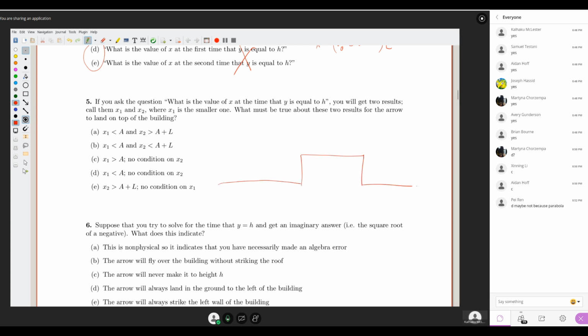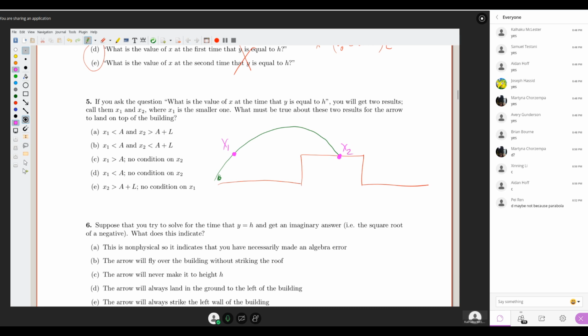So here is the building, and our trajectory for it to land on top of the building is going to look like this. And our two values of x, x1 and x2.